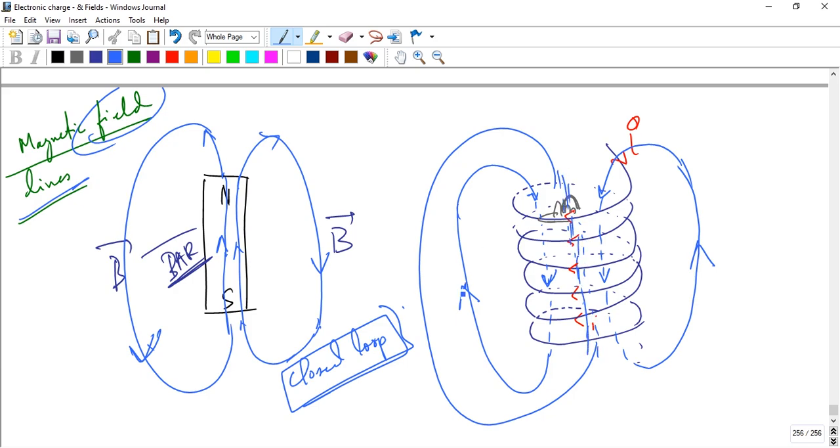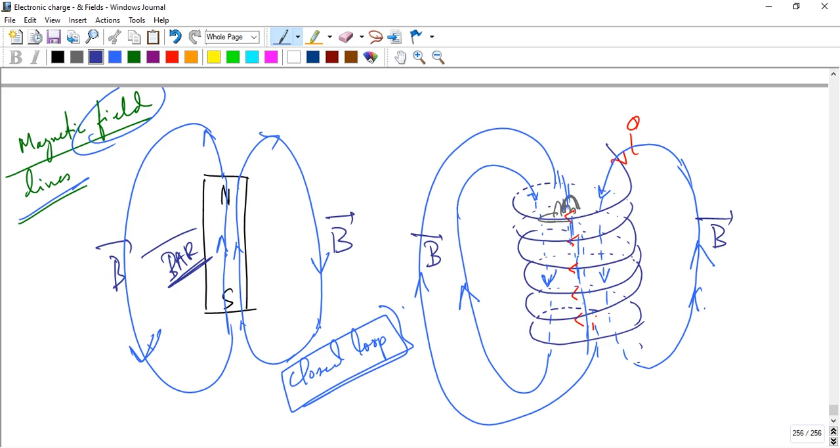That is a closed line, obviously a closed loop. So that's the direction of B. It's obviously the magnetic field, and there is a closed line here.